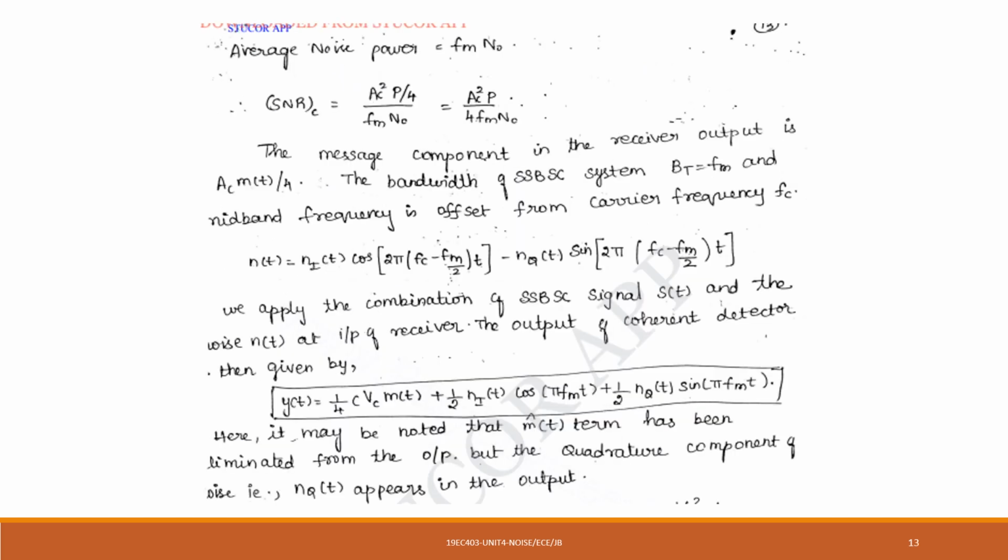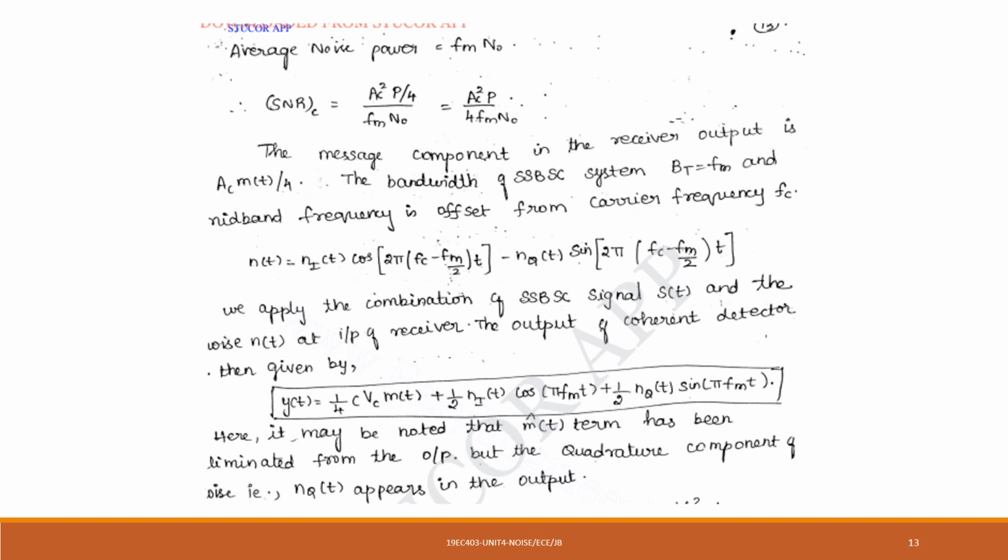And finally, we pass the signal through a low pass filter and get back the received output at the SSB coherent receiver. This equation represents the final output where we have the message signal component along with the in-phase noise component and the quadrature component. From this output equation, I am able to observe that the Hilbert transform of my original message has been eliminated.